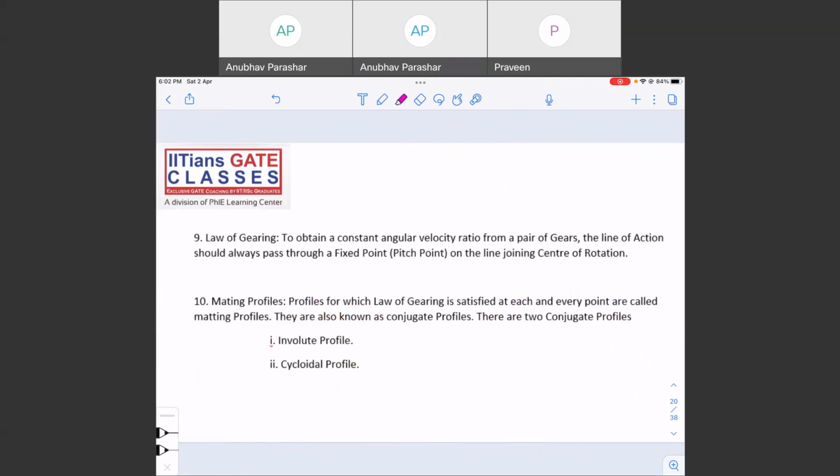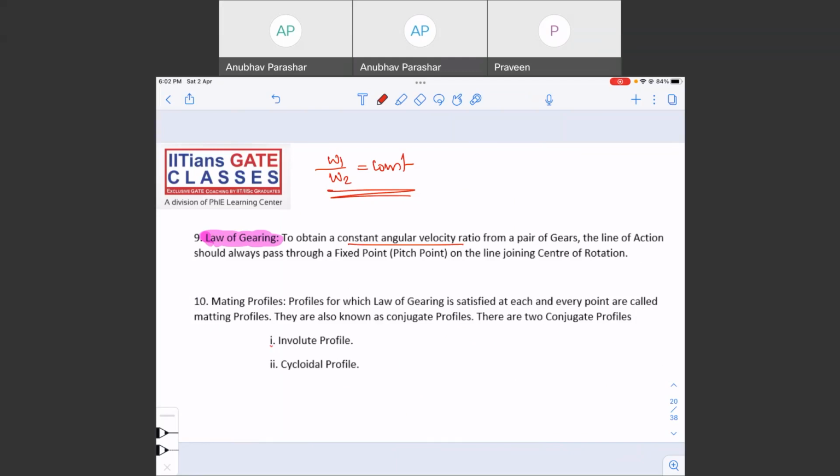Now let us quickly understand what exactly is the law of gearing. It says that to obtain a constant angular velocity ratio, omega 1 by omega 2, see, gears are positive drives, right? We want constant angular velocities. We don't want the angular velocity to change because of anything like slip, right?